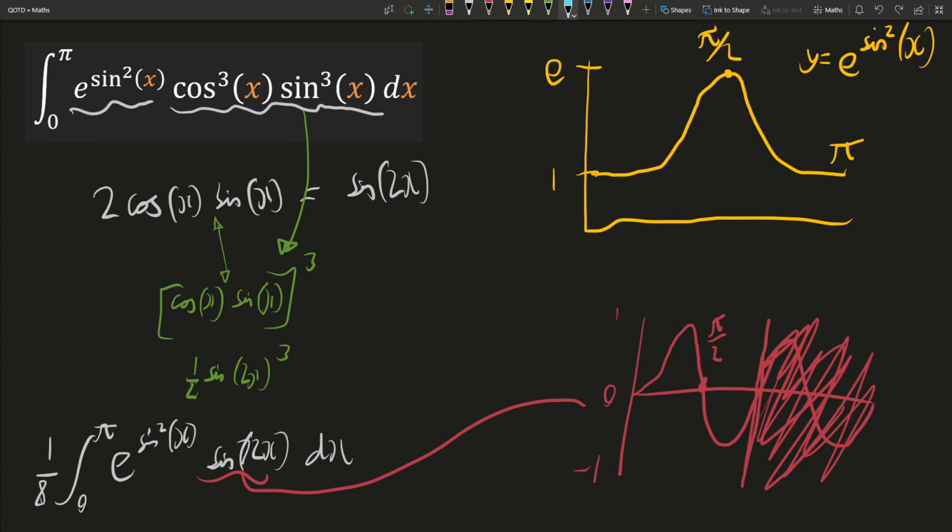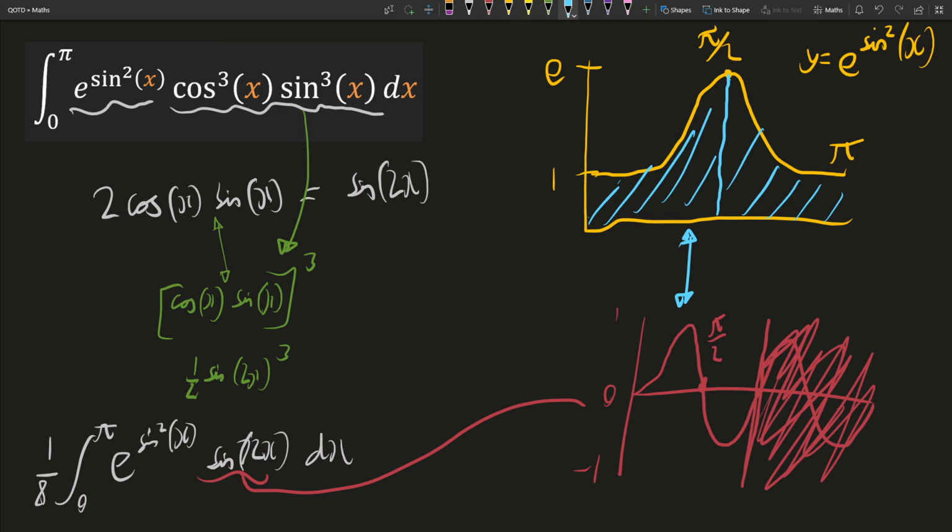Note that the integral is defined as the signed area under the graph. And then, note that we're multiplying these two functions together. Furthermore, both of these functions are symmetrical in a certain way. Note that the area on the left here is equal to the area on the right here.